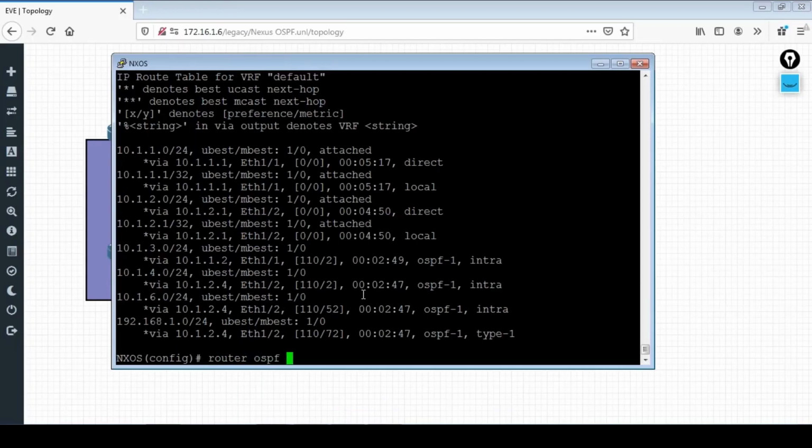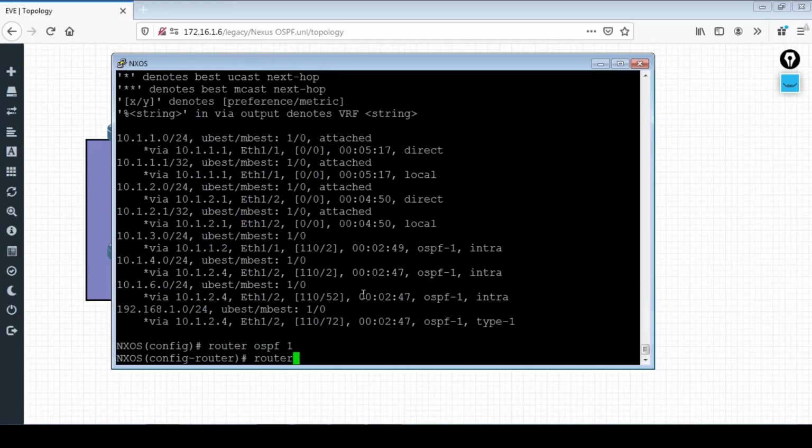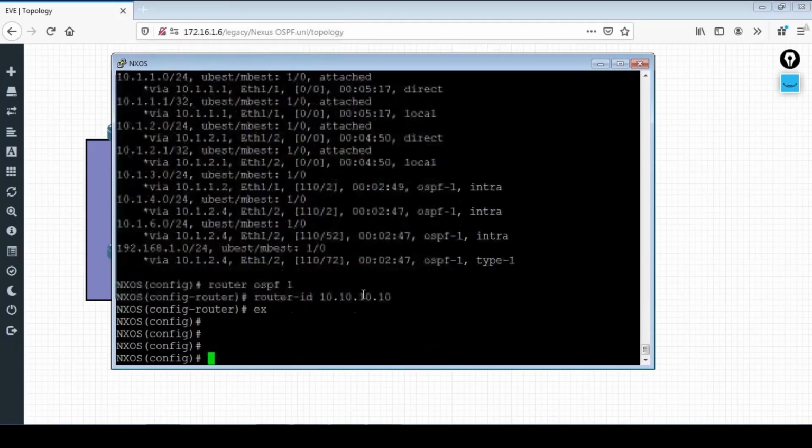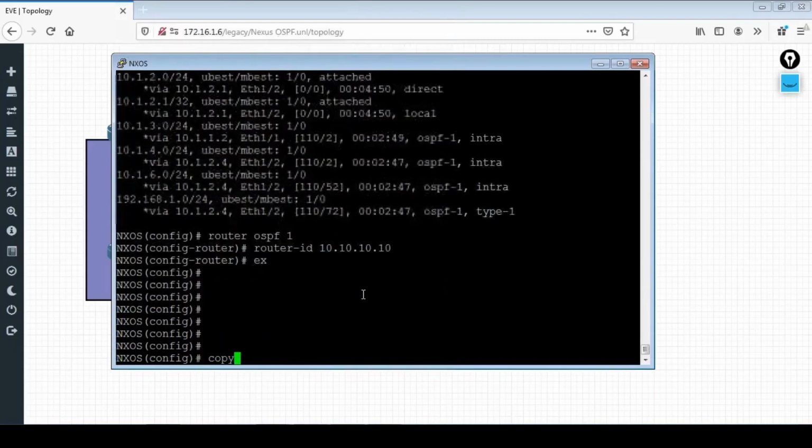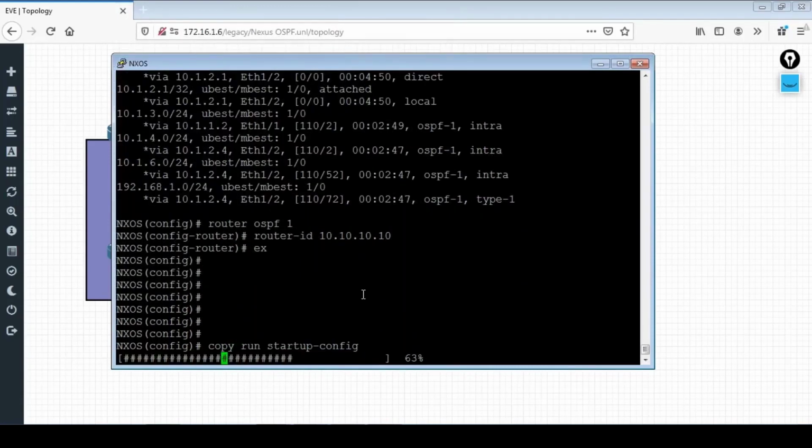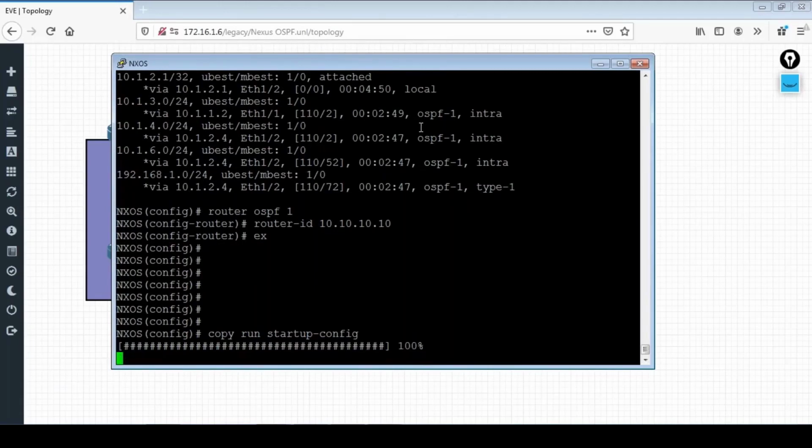Router OSPF 1, router ID. Hope that should solve the problem. I'm clear.